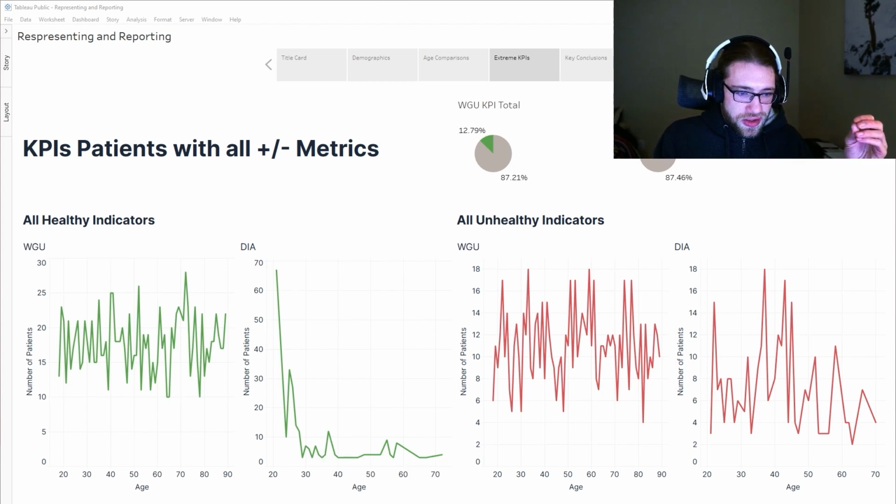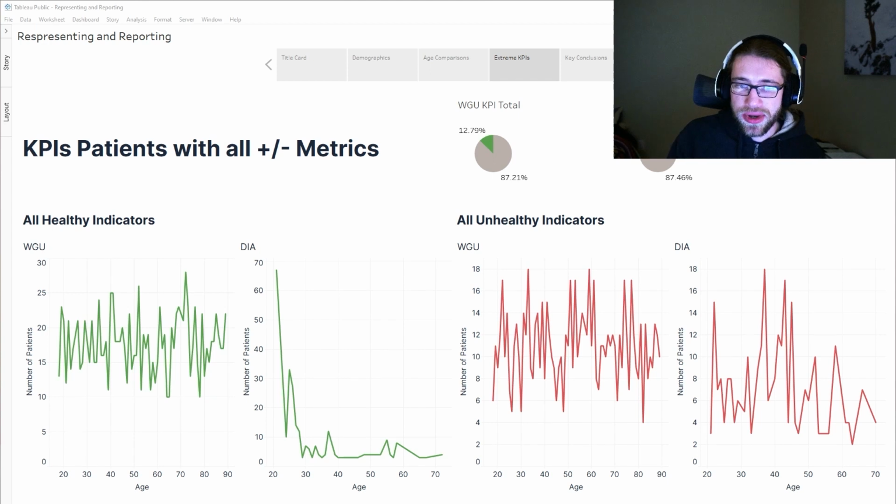So it means that our patients are staying healthy much, much longer into senior age groups. We have a lot more healthy 70, 80, and 90-year-olds when compared to our competitor DIA.